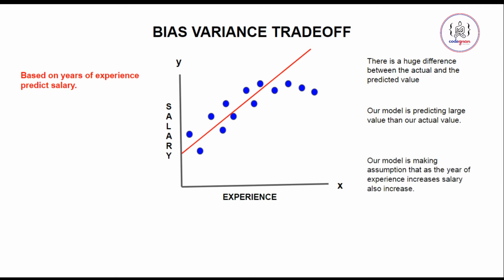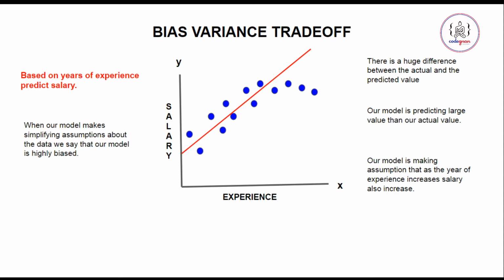Our model is making an assumption that as the years of experience increase, the salary also increases, but this is not always the case. When our model makes this simplifying assumption about the data, we say that our model is highly biased.